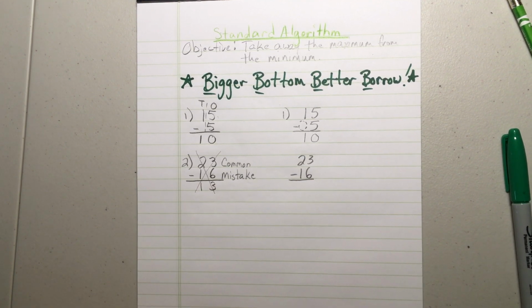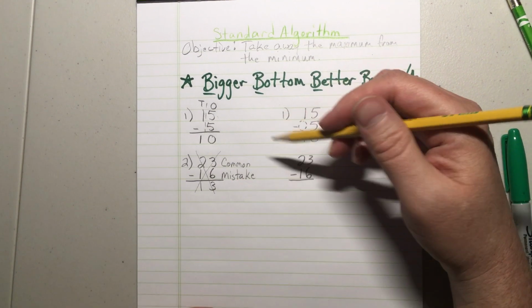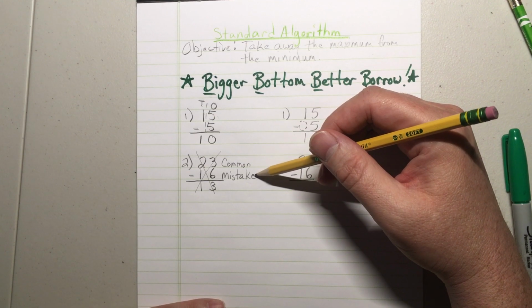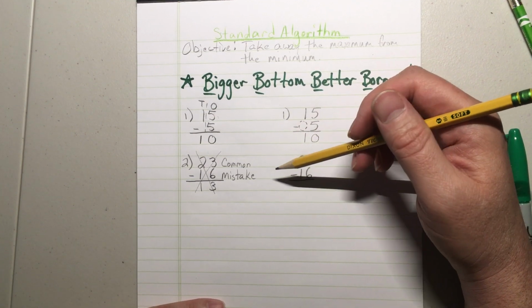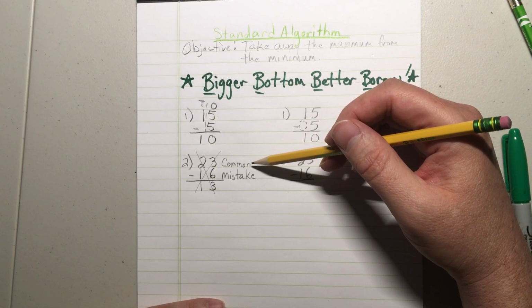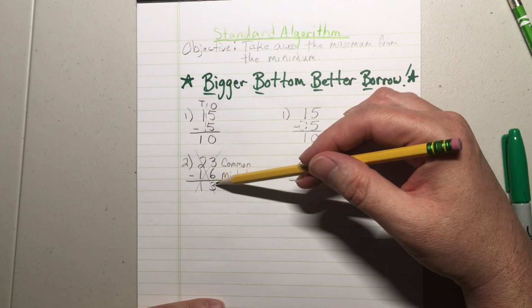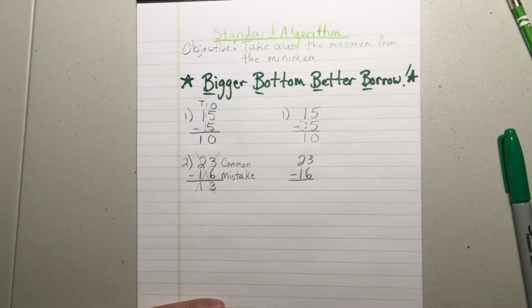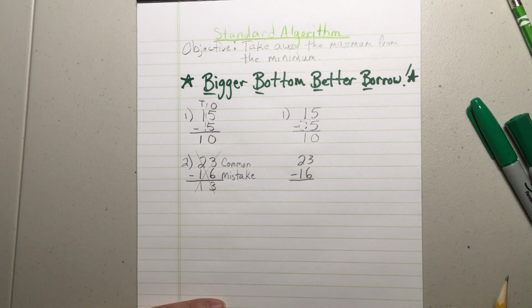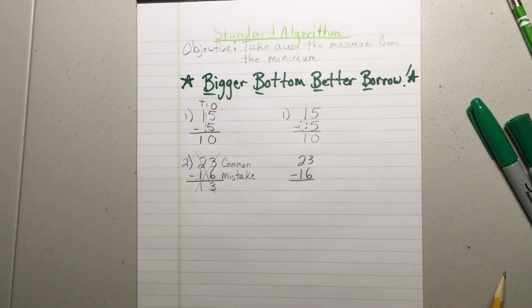Maybe 3 or 4 kids out of 15 might make that mistake. And what you want to do as a teacher is discuss this. Why would most people think that this would be 13? That way it allows your kid to think about the mistake that they made and to correct it on their own.